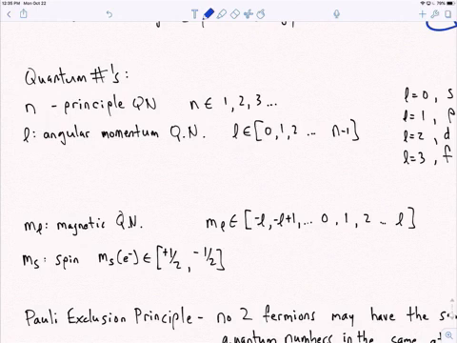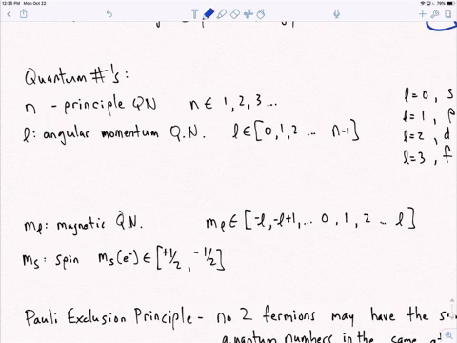And electrons are known as fermions. So maybe you've heard of fermions and bosons, maybe you haven't. A fermion is a particle with a spin that is a division of two integers, that's not an integer itself. Like, 2 divided by 2 is 1, right?